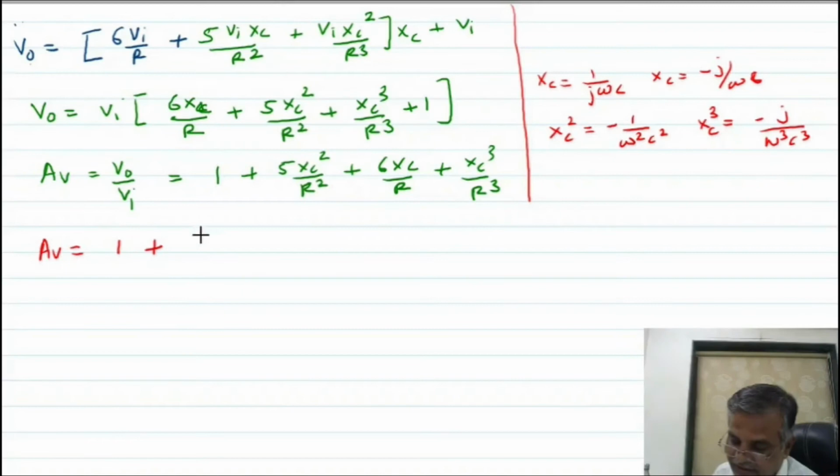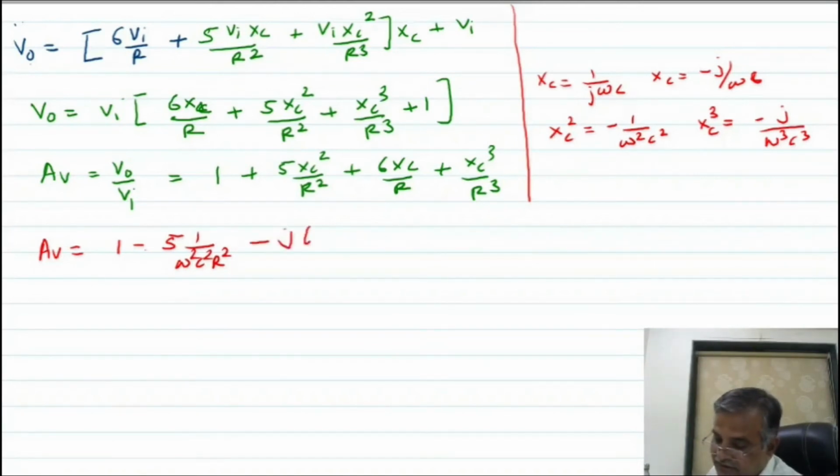So I can write this as x square. What is x square? X square is nothing but 1 minus 5 upon omega square c square r square. What is xe? Minus j 6 upon omega rc, minus j upon omega cube c cube r cube.